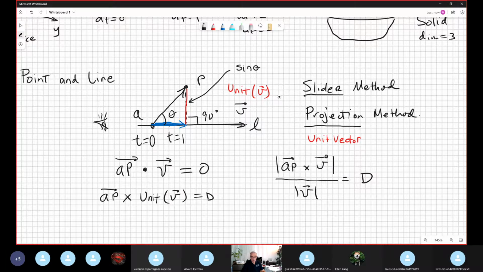My recommendation is to do the cross product first, and divide by the magnitude of this, and you get the shortest distance between the point and the line.